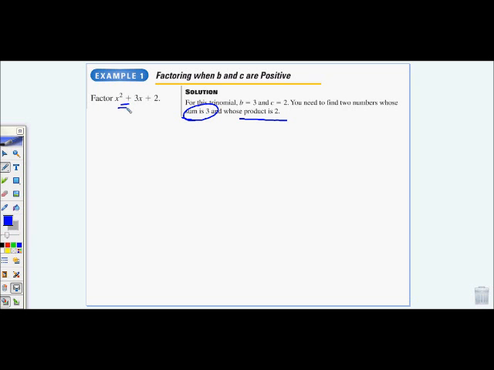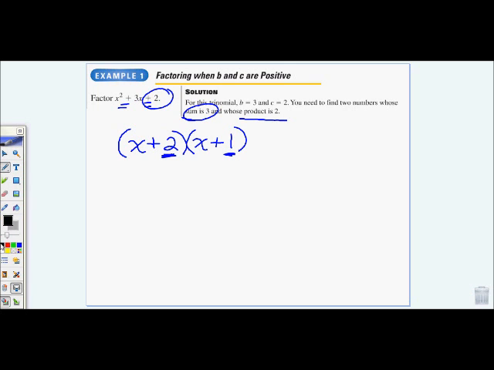Now, you also have to pay attention to the operational symbols, or the integer symbols. This time we have both positive, so it makes it a little bit easier. So I could say that one of my factors could be using my 2, so x plus 2, and then I could also do x plus 1. 2 times 1 for my last gives me the positive 2 here.